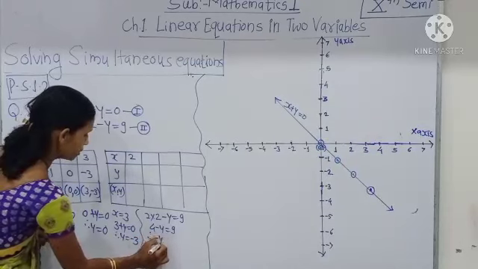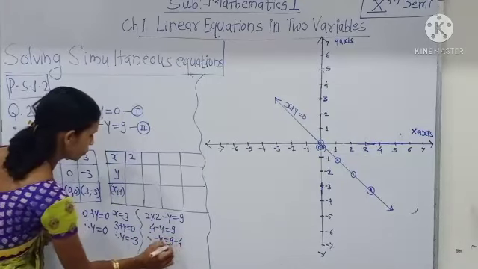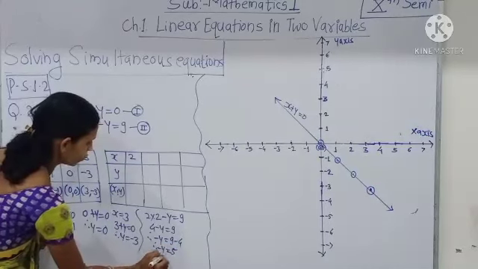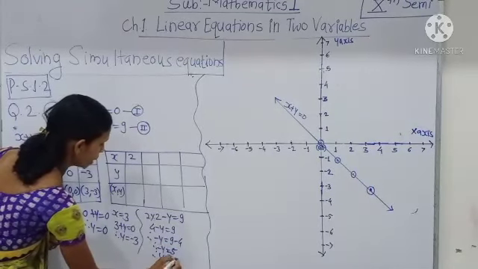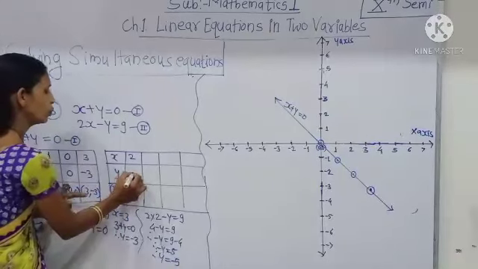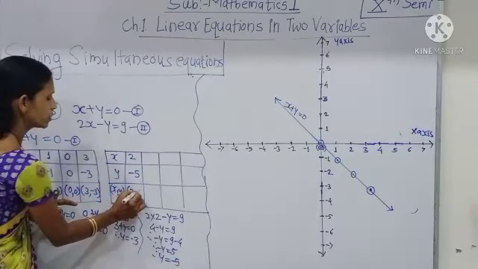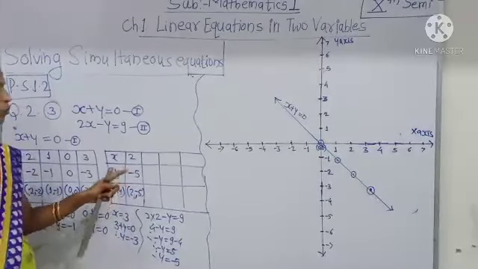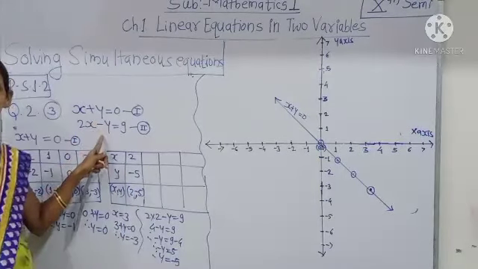Therefore, minus y is equal to 9 minus 4. Therefore, minus y is equal to 5. Therefore, y is equal to minus 5. That means (2, -5) is the first ordered pair for this second equation.